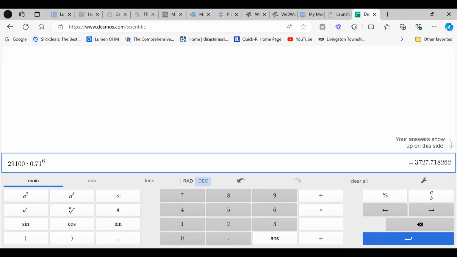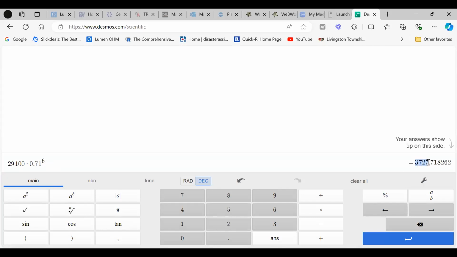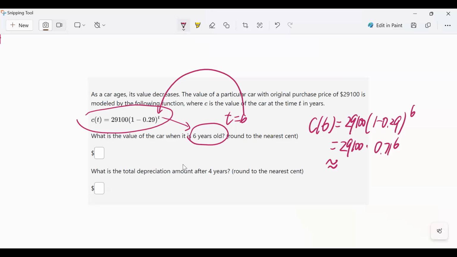And that will give you the answer right away: $3,727.72. We're going to round to the nearest cent, so you need two decimal places. Since the third decimal is 8, you add 1 to the second decimal to end up with 3727.72. That's the value of the car after 6 years.